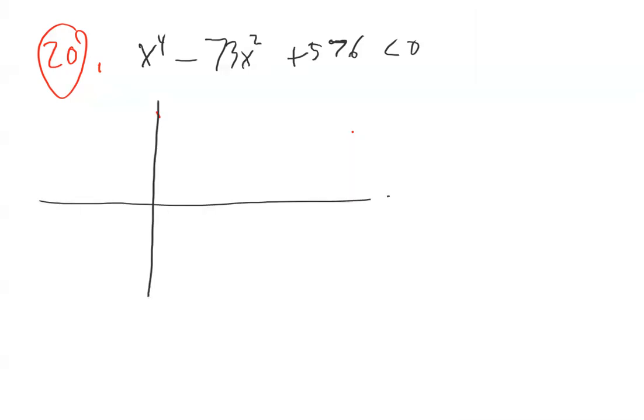So number 20 says x to the fourth minus 73x squared plus 576 is less than 0. And you don't even have to look at that. That's just there to scare you. So all that matters is the graph.